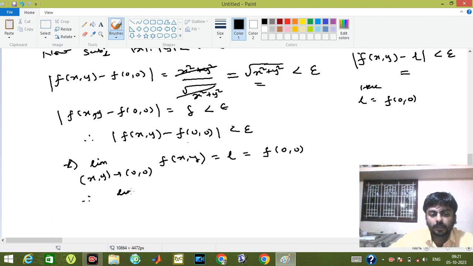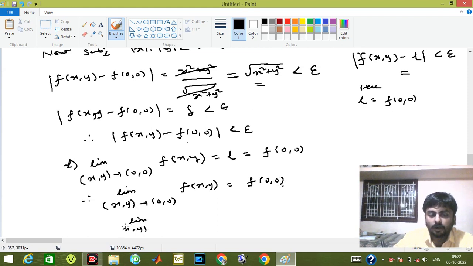Therefore limit x comma y tends to 0 comma 0 of f of x comma y equal to f of 0 comma 0. What is our f of x comma y?